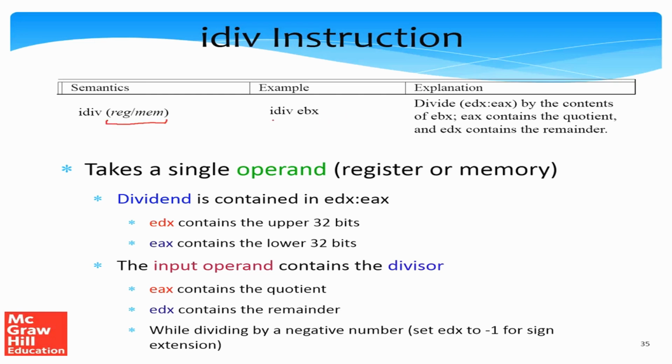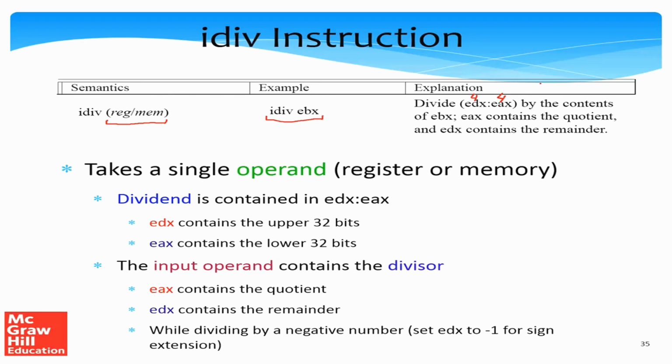Here the idea is that we take a single argument which can be a register or memory. An example would be IDIV EBX. What we do is consider a 64-bit number in the case of a 32-bit instruction set, where the number is stored in EDX and EAX. EDX stores the upper 4 bytes, EAX stores the lower 4 bytes. The logic is similar: if you multiply two 4-byte numbers, the product can at most be 8 bytes.